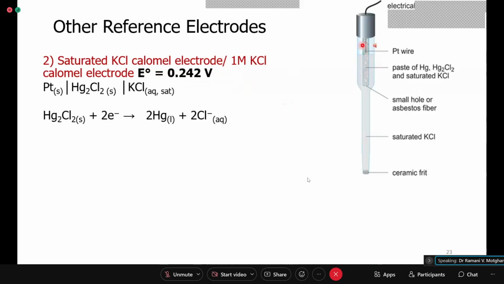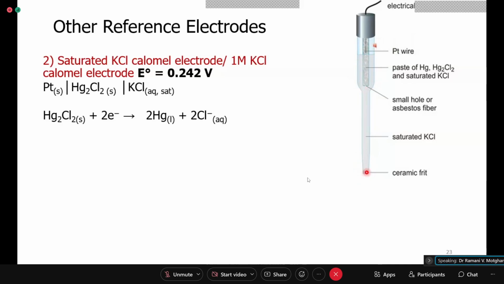The electrode has two concentric glass tubes. In the inner concentric tube, there will be a platinum wire, and a paste of Hg, Hg2Cl2 and KCl will be stuffed into it. Here will be some glass wool or asbestos, and outside in this tube there will be a hole. You can see this cork can be removed and a saturated KCl solution can be added here. Some crystals of KCl will be there, and in this saturated KCl, here you have a ceramic frit.